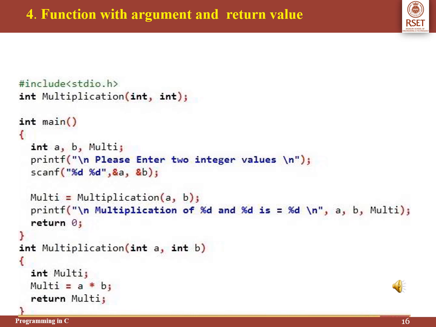Inside the function definition, the multiplication of two numbers is performed, and instead of displaying the result there, the result is returned back to the main function using the keyword return, and the result is displayed inside the main function.